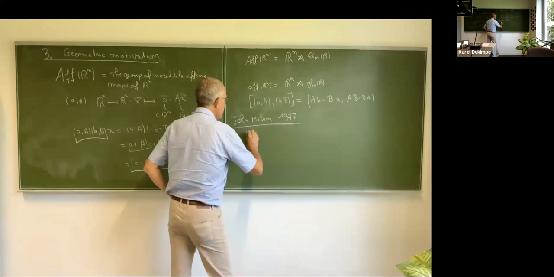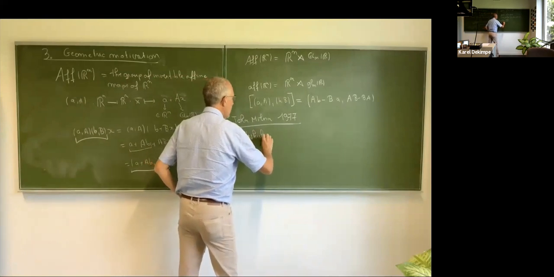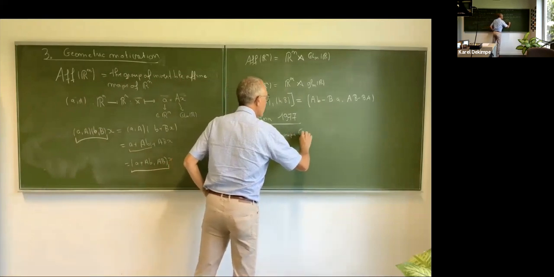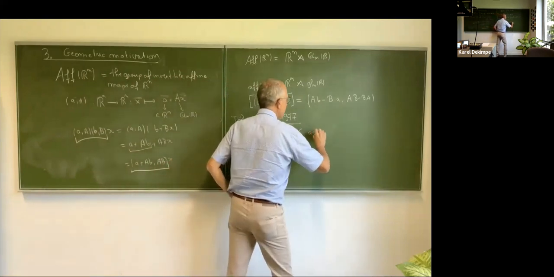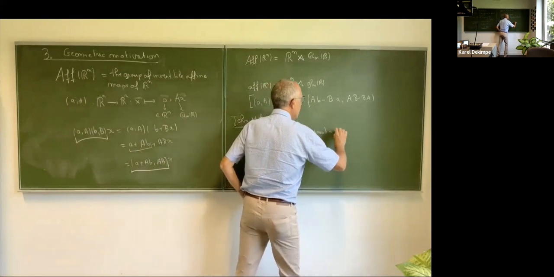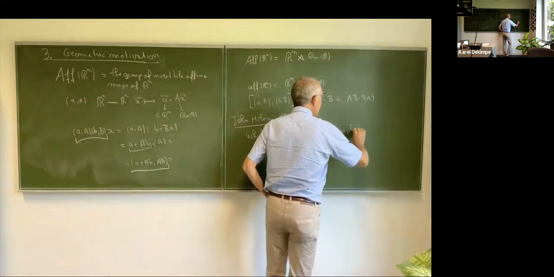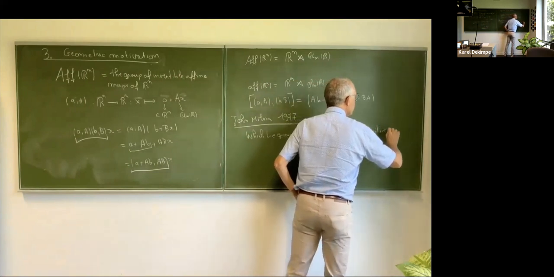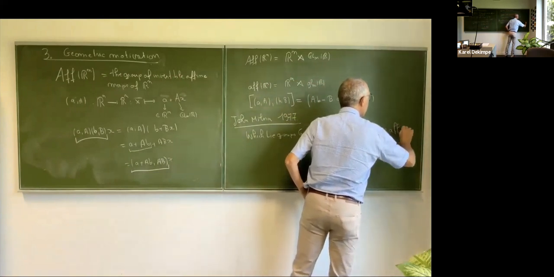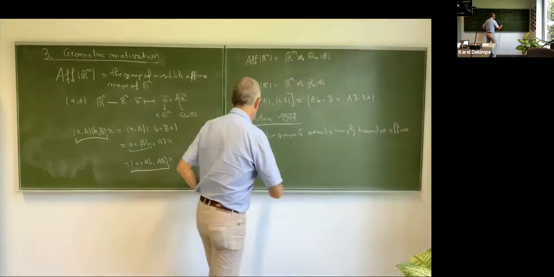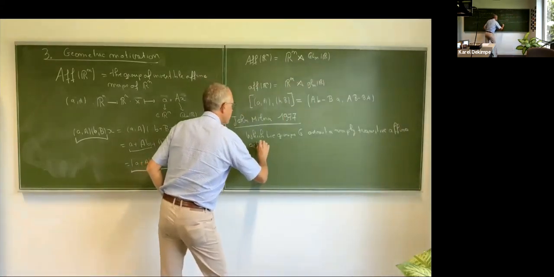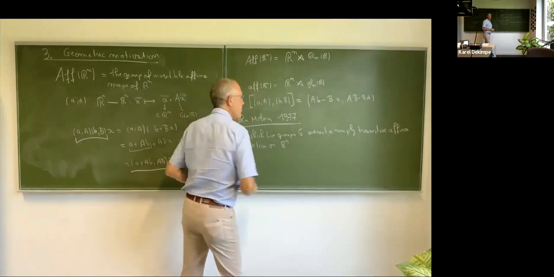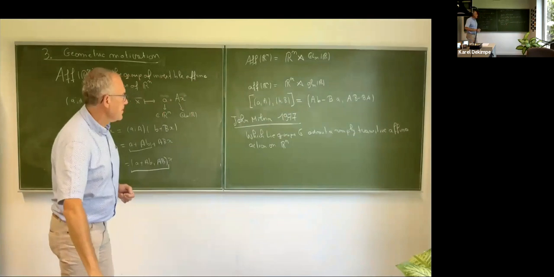So this question was: which Lie groups G admit a simply transitive affine action on Rn?